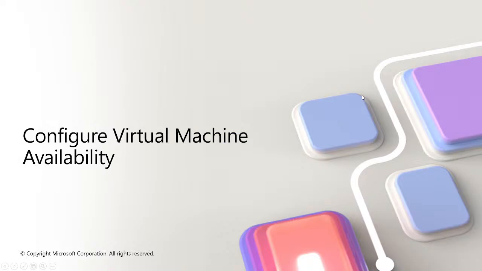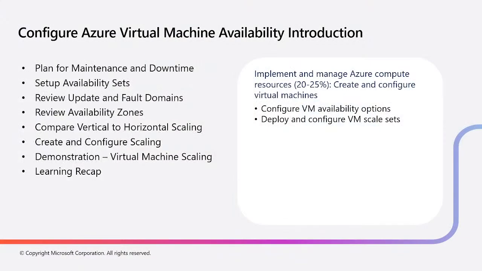Learning recap. Fine. Configure virtual machine availability. So how do we make sure that we do not have downtime? That's what this means. How do we plan for maintenance and downtime? How do we set up what we call the availability set? We've mentioned something related to this where we talk about the update domain and the fault domains.